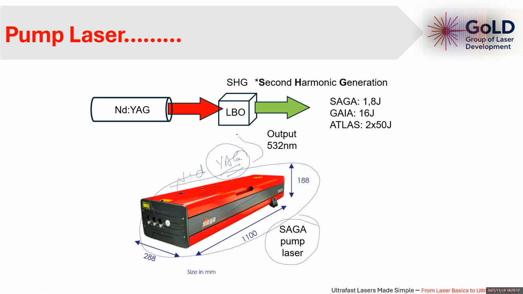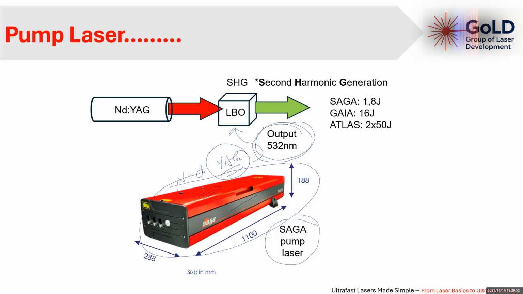So, as I mentioned in my previous lectures as well, we use a second harmonic generation crystal to convert this 1064 or whatever it will be to half. By using this second harmonic generation crystal, we get 532 nanometer output, which is essential to pump the titanium sapphire.